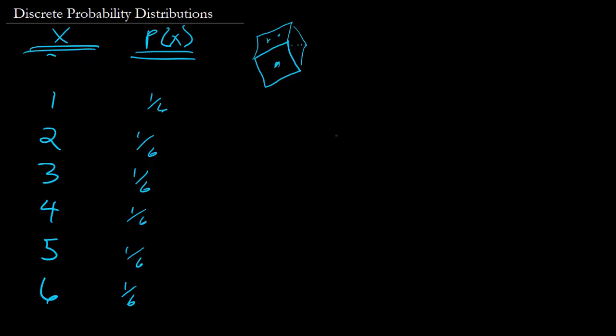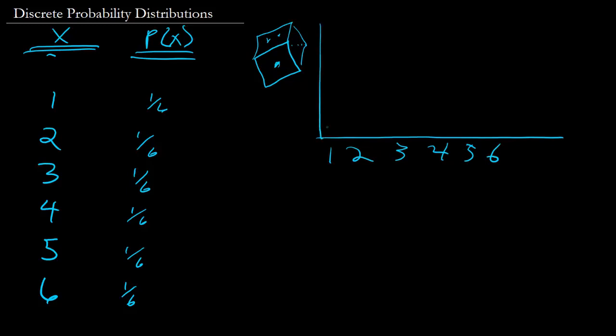And if I were to graph these and say 1, 2, 3, 4, 5, 6 on a rate of, say, 100%, or in this case, 1/6, 2/6, and so on, each one of these would have the exact same distribution or the exact same probability. They'll have a probability of 1/6.